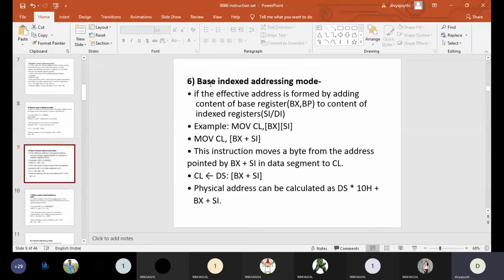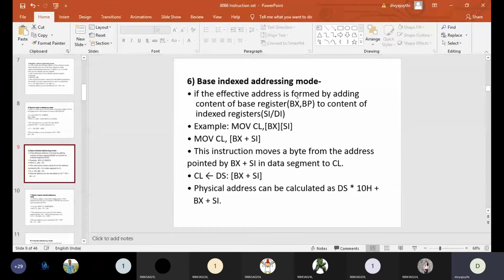That means you will be dealing with either BX or BP, and with either SI or DI, because for index we have only 2 index registers, source index and destination index, and we have only 2 registers which deal with base register and base pointer. So whenever an instruction is represented in base indexed addressing mode, that instruction will contain either BX or BP along with SI or DI. See here the example.